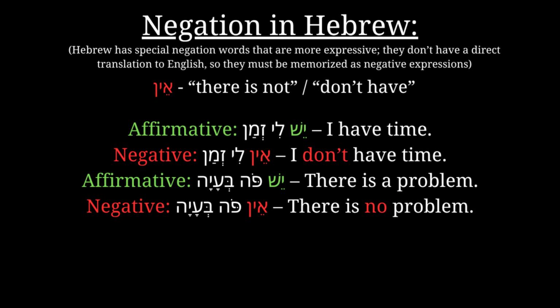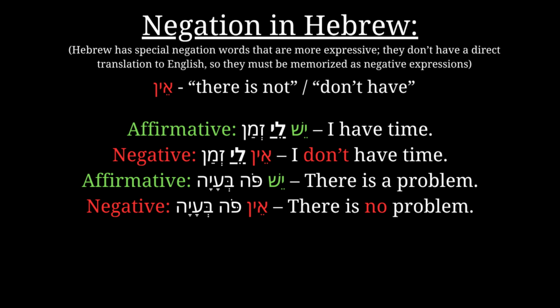En po be'aya. There is no problem. In this case, we're using a structure that has personal object pronouns, such as li, which is gender neutral, and such pronouns will be shown in a future video. Still, you can see the difference between affirmative and negative sentences through the change of one word.